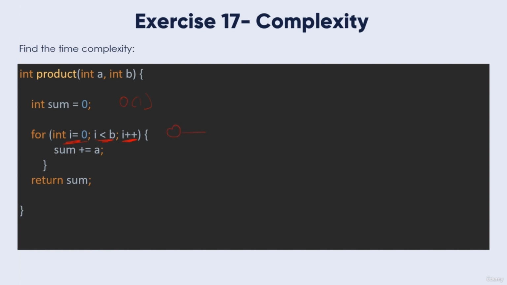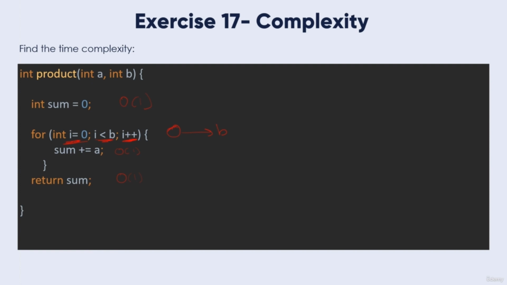It depends on the value of b. Sum equal to the old sum plus a is executing only once. And now it will return the sum. Return the sum is O of 1.